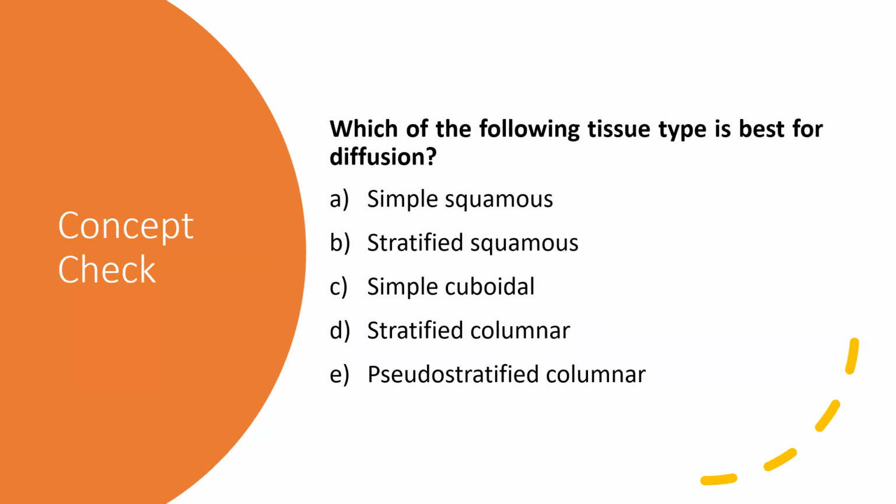Diffusion means you want things to cross easily. The answer is simple squamous. Very good. Simple is a single layer, and squamous is the thinnest of them all, right? So if you have one thin layer, it's much easier to diffuse across compared to multiple layers of something. The answer is A.